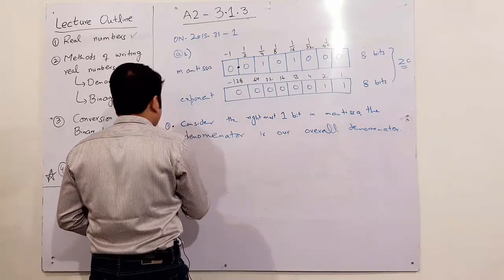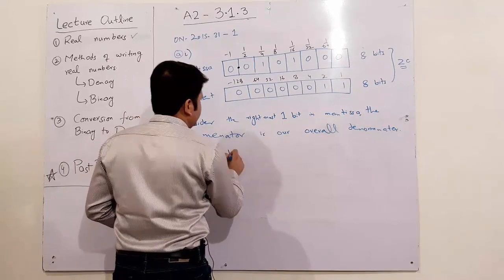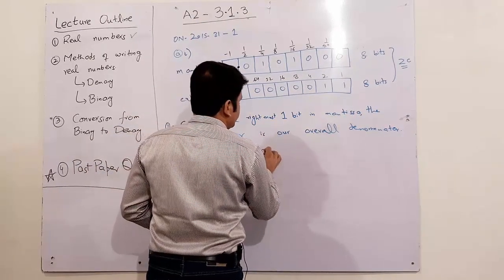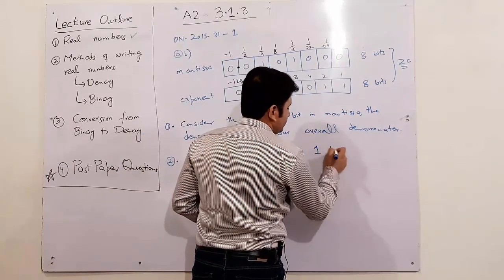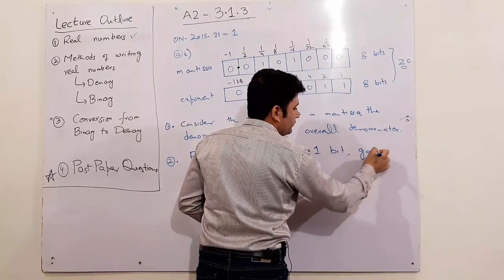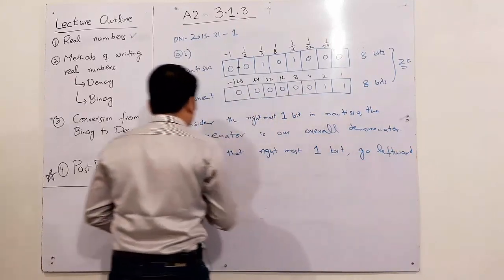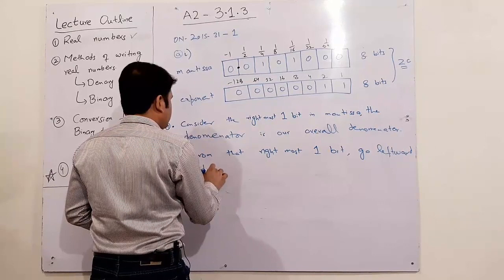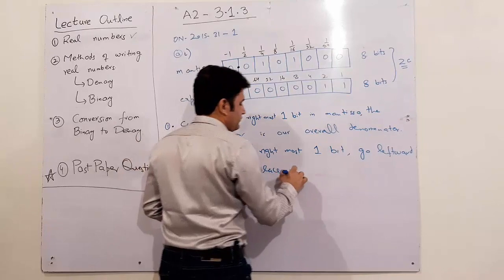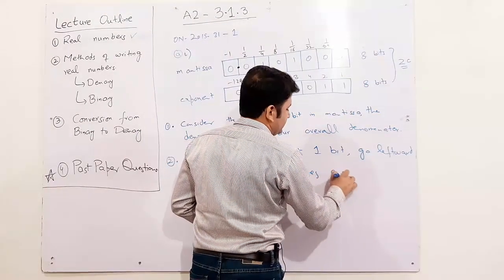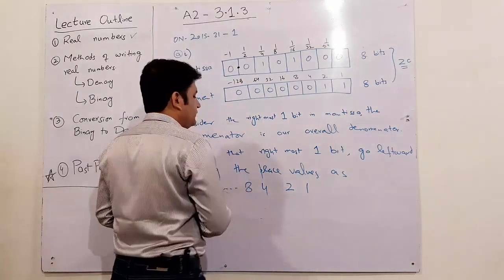So the next step is: from that rightmost 1 bit, go leftward, writing the values as 1, 2, 4, 8, and this may continue.